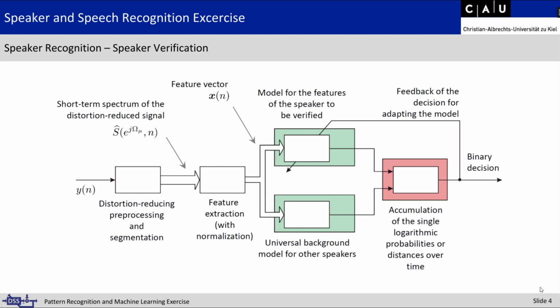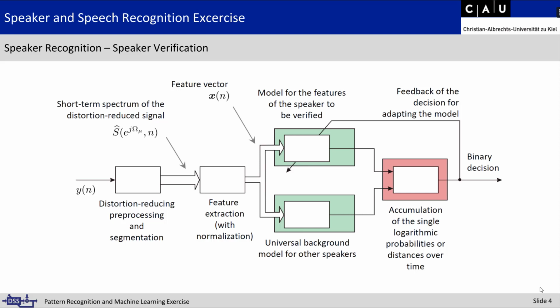So if the probability for the verified speaker is higher, it's probably the verified speaker speaking. Otherwise it would probably be another speaker. So afterwards we just have a binary decision, either 1 or 0: it is the verified speaker or it's not.